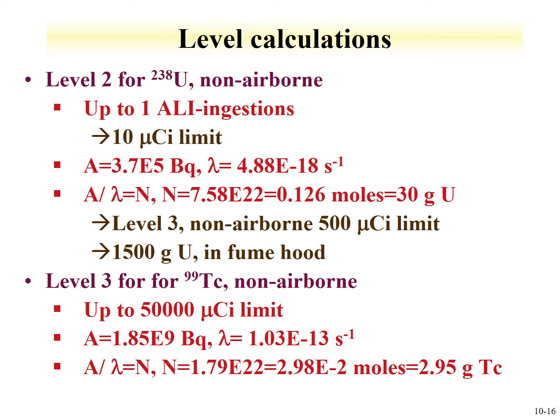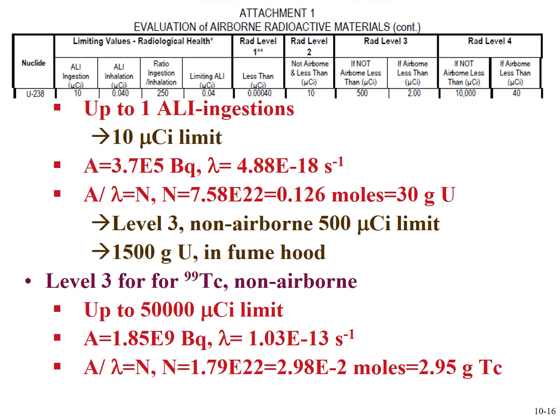Assume that you wanted to do a level 2 for uranium-238. This is non-airborne. This is basically one ALI. So if we go to the tables, we see that uranium-238, rad level 2, that's 10 microcuries as our limit. So the question would be, what mass of uranium is 10 microcuries equivalent to? Well, if we use activity equals lambda N, we find N, we can get moles, and then we can get mass.